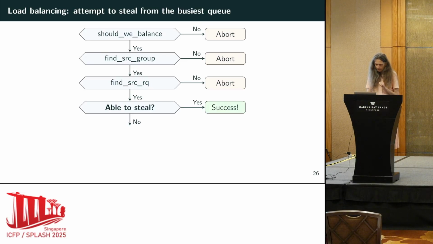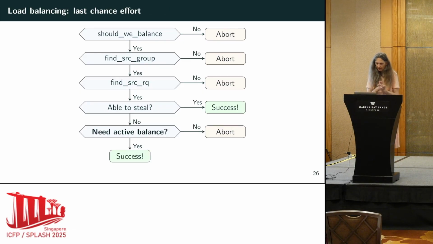If we keep going, we have found our busiest run queue, and we try to see if there's anything we can steal from it. If we can, that's good. If we cannot, then there's another kind of load balancing, which is called active balancing, which is somehow more aggressive. In particular, it will steal a task that's actually running at the moment. So we have all these different tests, and we make some decisions based on things. So the question is, where do we get off track in this process?